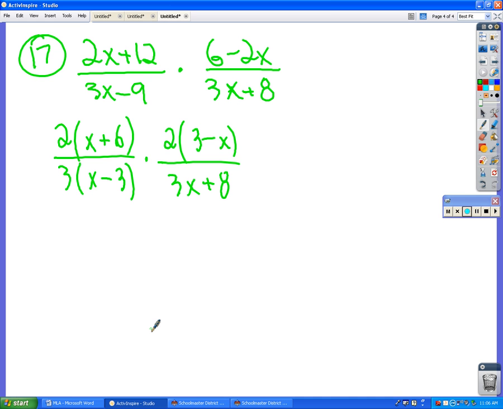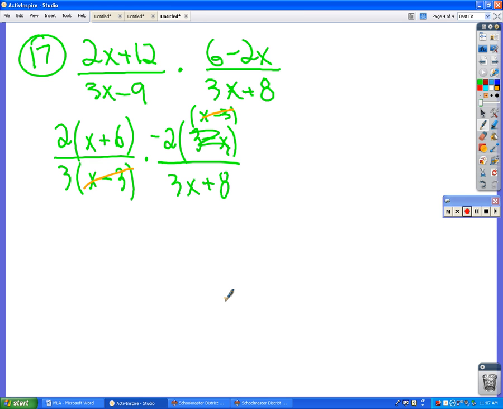So that's our thing factored. I don't have much canceling I can do here. Wait, what about the 3 minus x and the x minus 3? If I flip them, so if I make this a -2, then I can change this into x minus 3. And those are gone. And then that allows me to cancel this and this.